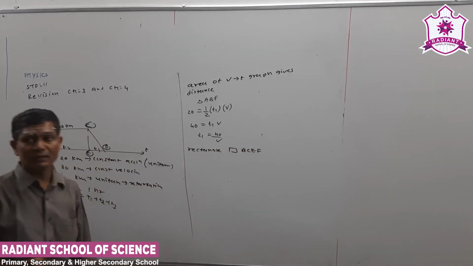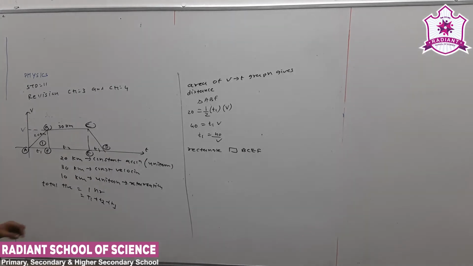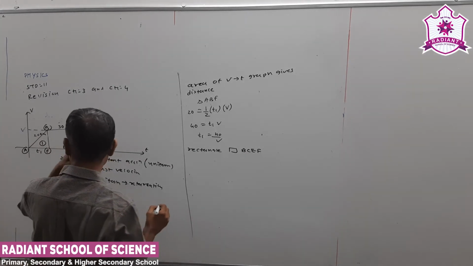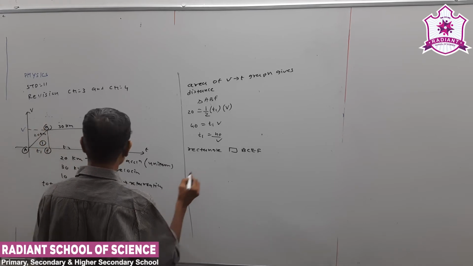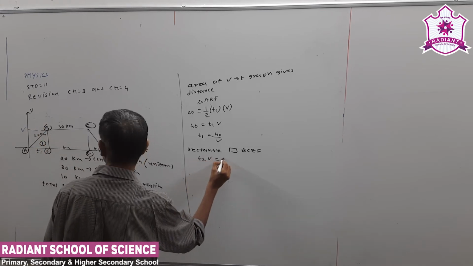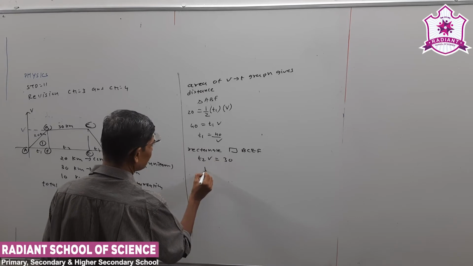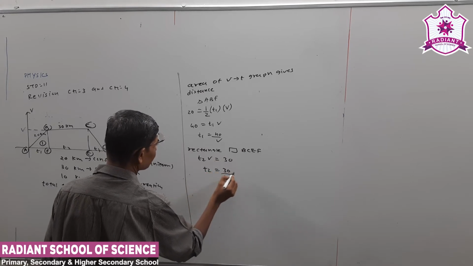The formula for the area of a rectangle is length into breadth, that is t2 into v, BF into FE, which is 30. So t2 will be 30 by v.